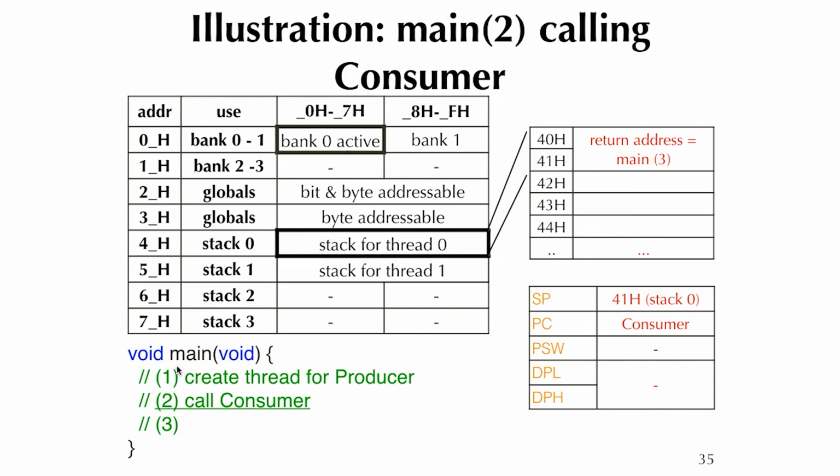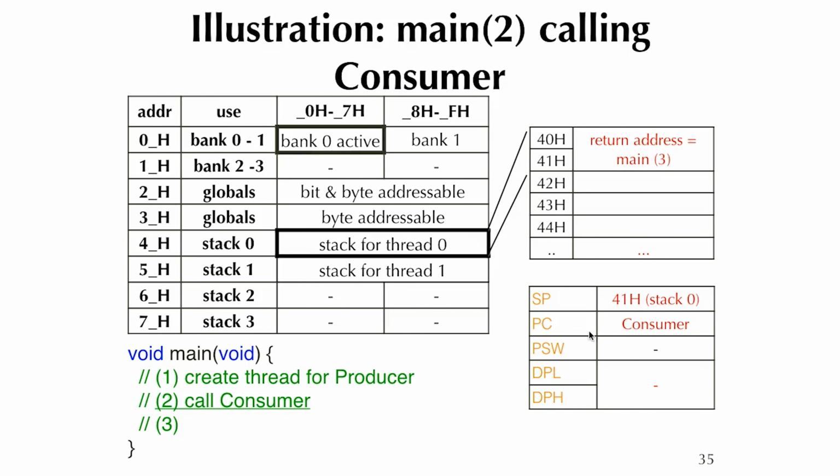Then it comes back to main and does step 2, and it does a call to consumer. It might as well do a jump to consumer, but we do a call. That actually means it does push the return address, but we never really use this address. The stack is now the 2 bytes of the return address back to step 3 of main, but we don't really use that.